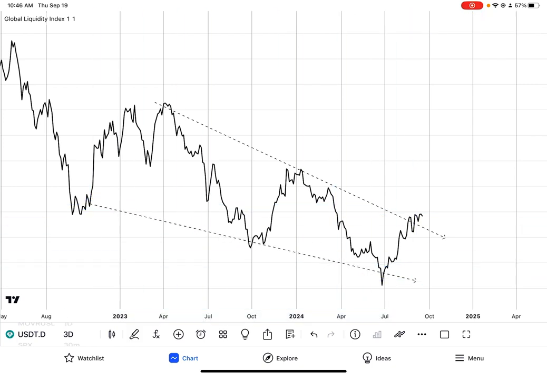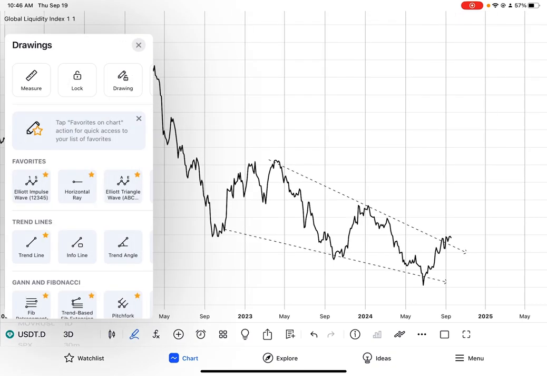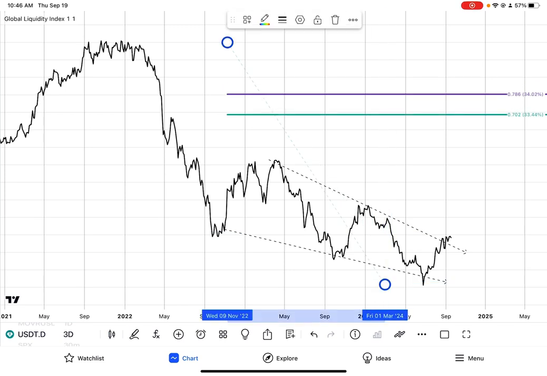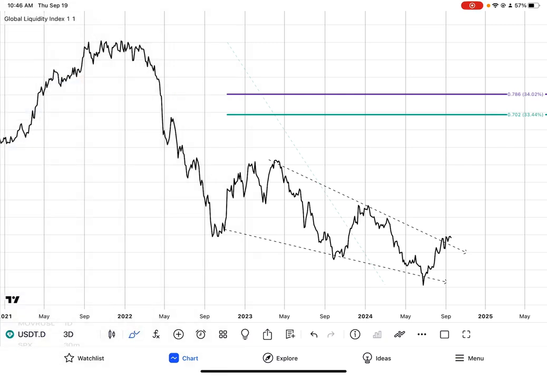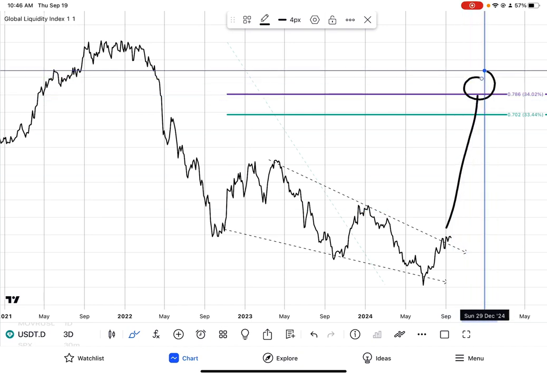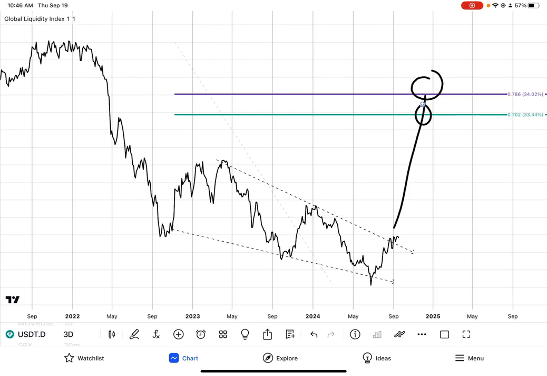Nice falling wedge pattern. Okay, point of interest would be the 78.6% fib. It doesn't have a y-axis, but just know that the first point of interest would be the 786 and the 702. Okay. Global liquidity is breaking out.